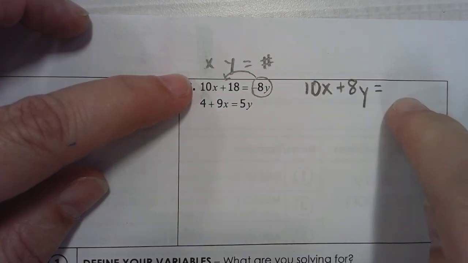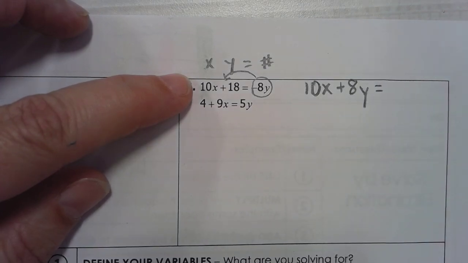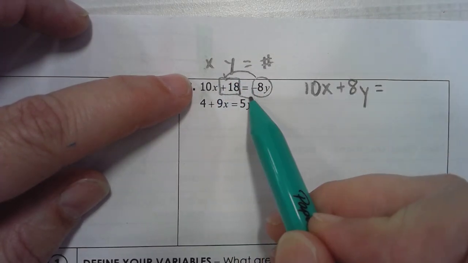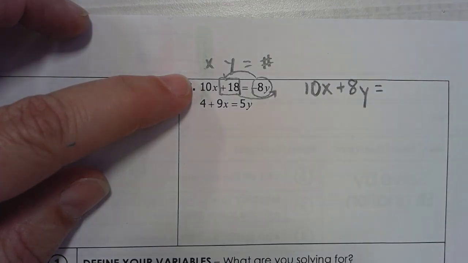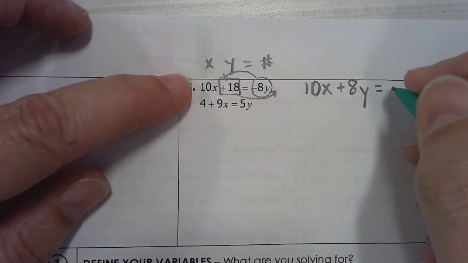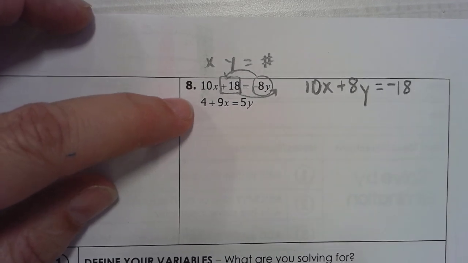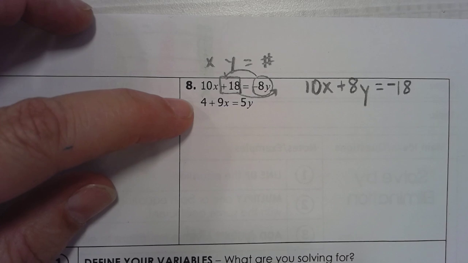And then I need the number. Is the number already back there behind the equal sign? Nope. So this plus 18 is going to need to push way back here to the back, and it's going to become negative 18. Okay? So that's step one. Can you do that same thing for the second equation? Yeah. Okay? So x first, then the y, then equals a number.